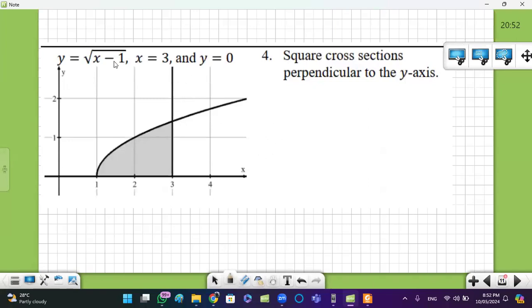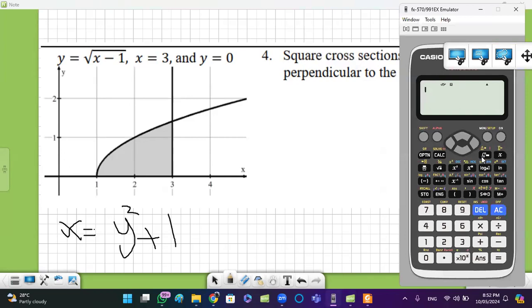So I put here x equal 3 and here also x equal, what will be x equal? Y square plus y squared minus 1 plus 1. Okay, and the right equal 3. So I will do the following: y squared plus 1 equal 3.